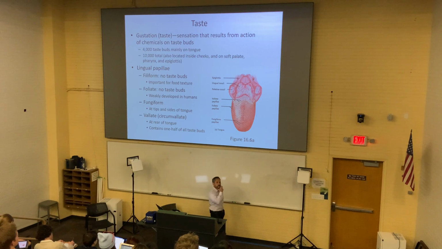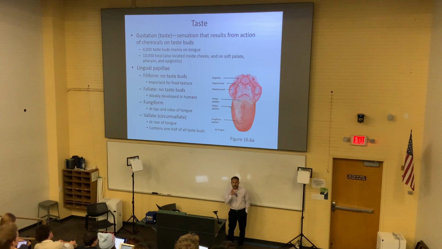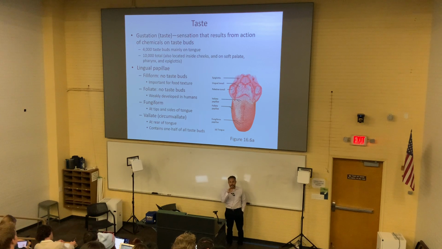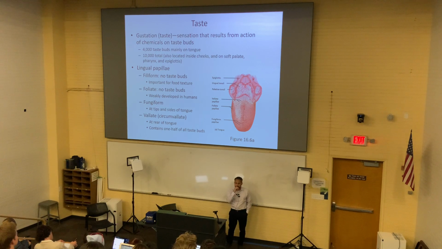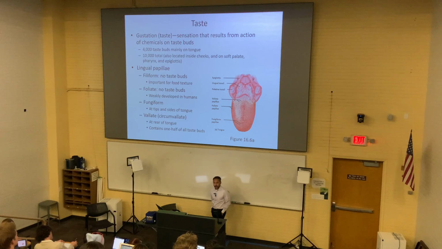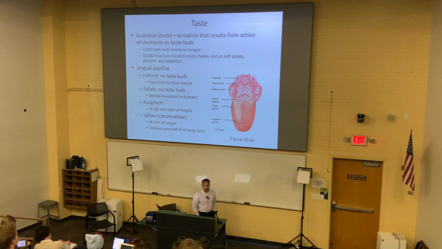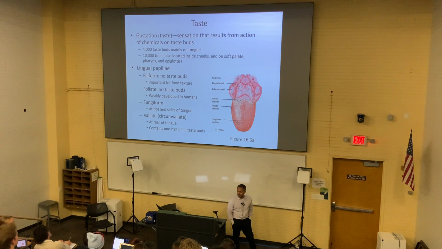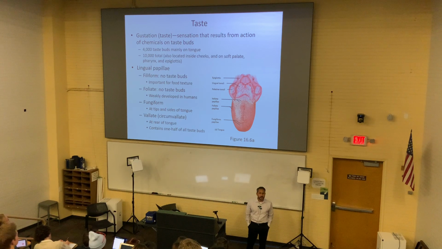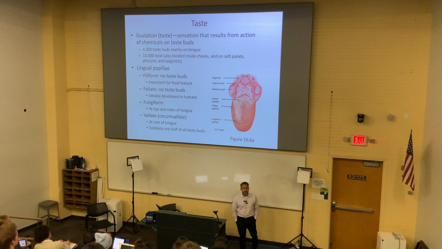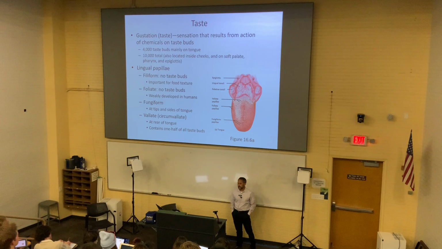That's what we refer to this as, the buccal cavity. So that could be the tongue, the hard and soft palate, even the cheeks. We see 4,000 taste buds mostly on the tongue and about 10,000 total that are located inside the cheeks, soft palate, the pharynx, that's like the back of the throat, and even the epiglottis.